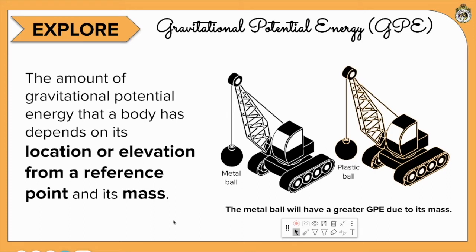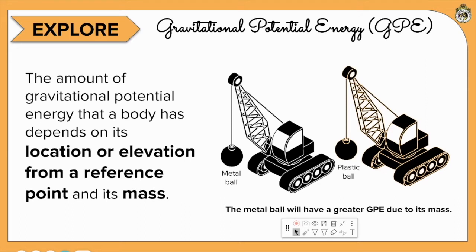We have here a wrecking ball that's attached to a machine. The main purpose of this machine, well, I don't want to use the word destroy, but that's basically the purpose, is to get rid of an existing structure very easily by just using that gigantic metal wrecking ball to hit it, and then of course the structure will be destroyed.